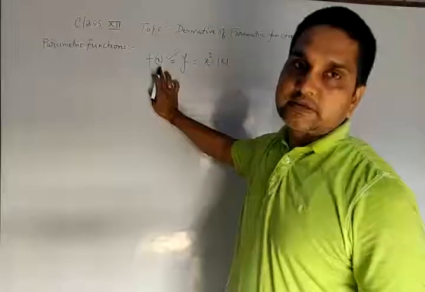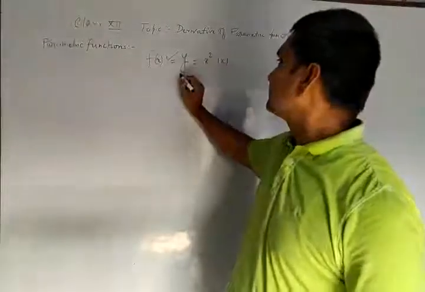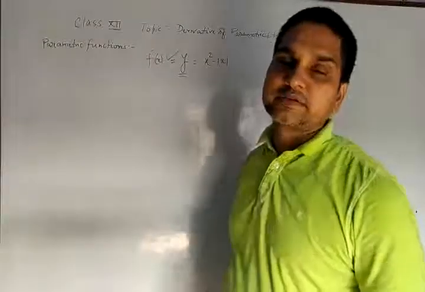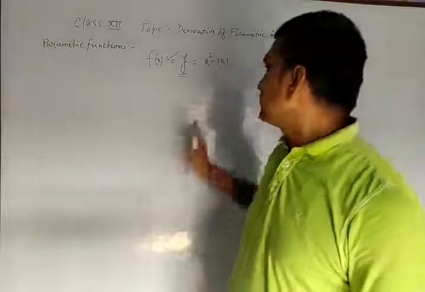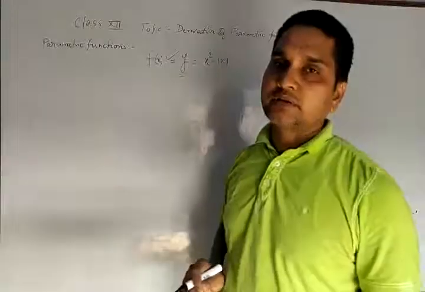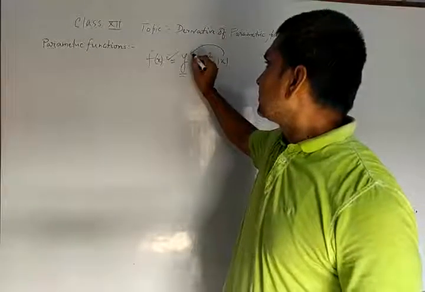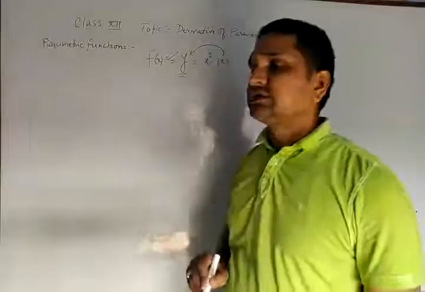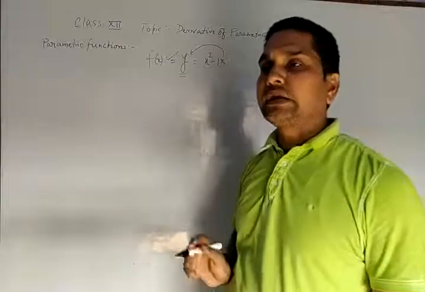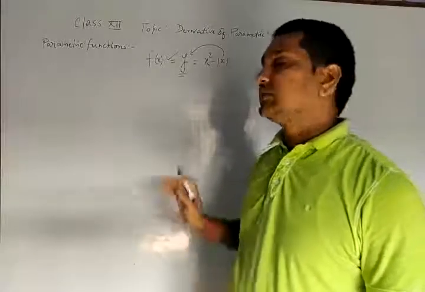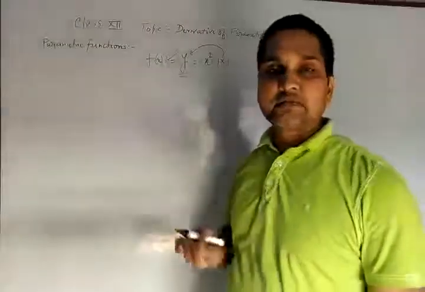So y is a function of x, which depends on the value of x. So there is a direct link between x and y. Such functions are well connected to each other by these two variables x and y.